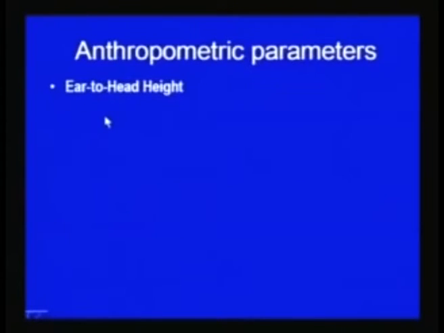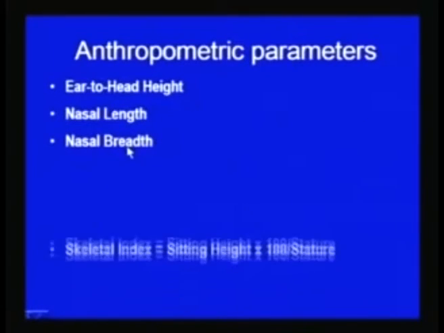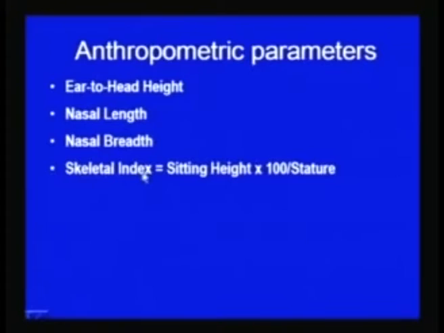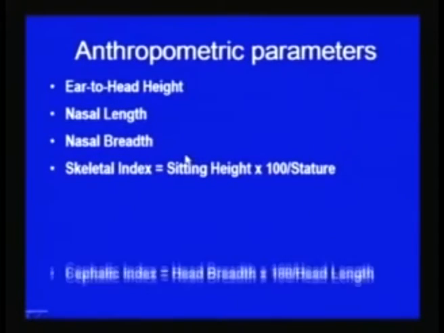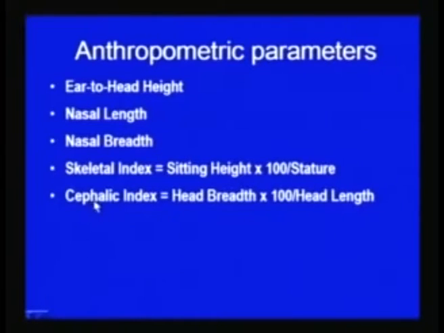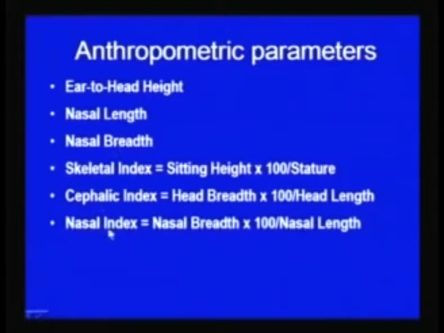And other dimensions which are measured under anthropometry are ear to head height, the nasal length, the nasal breadth, skeletal index, that is equal to the sitting height into 100 divided by stature, the cephalic index, that is equal to the head breadth into 100 divided by head length, nasal index, that is nasal breadth into 100 divided by nasal length.